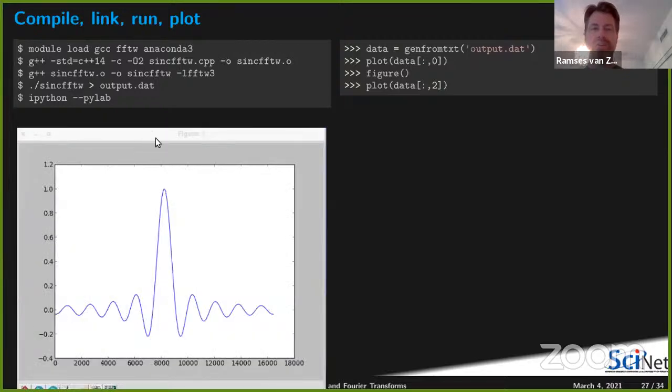So this is the sinc function right here. If I had kept the x values, this would be centered around 0, but I did not. These are just samples numbered from 0 to 16,384. Because the continuous case has a rectangle function as the Fourier transform of this, you would expect that if I plot the second column, the f hat, I would get that.